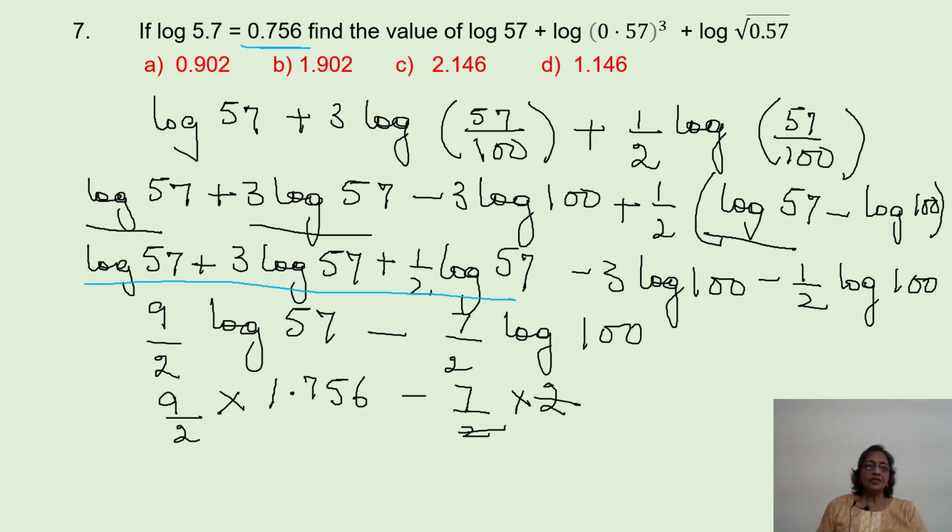So this goes here. 9 8s are 72, 9 7s are 63, 70.